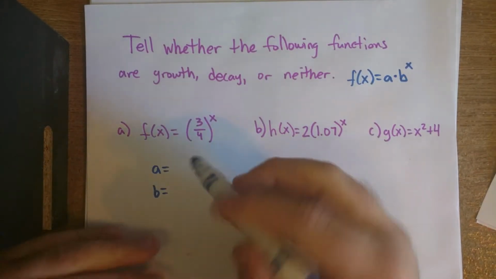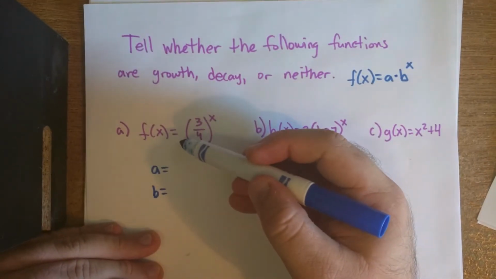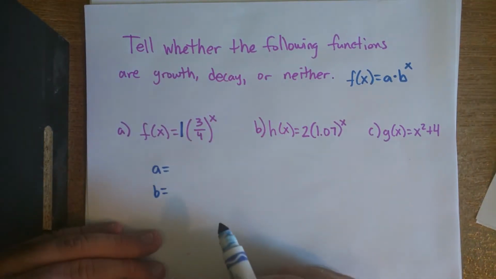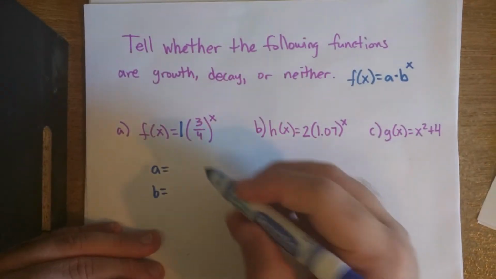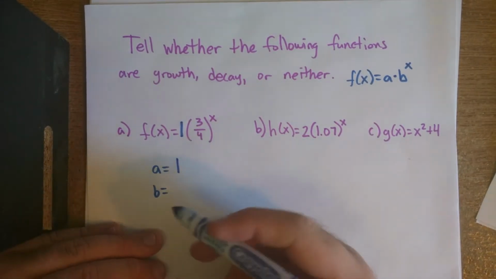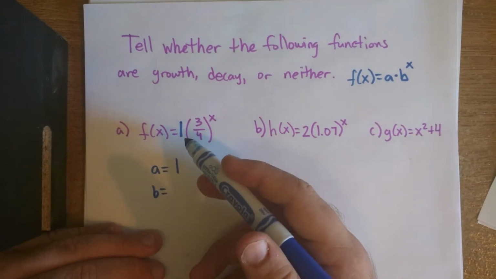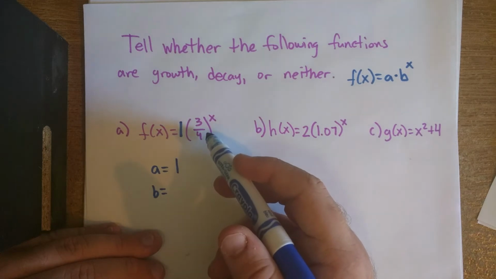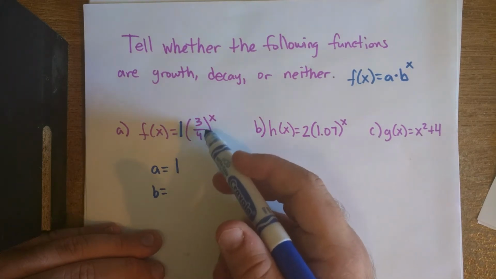So let's see if we can identify what is a and what is b. In this problem, a is just a number that comes at the front. Now there is no number here. Well, we don't see a number written, but we assume there's a 1 there, so our a value is 1. We don't really care about the a value, but I just want to point out that a is equal to 1 in this problem. However, b is whatever is being raised to the power of x, in this case, 3/4.